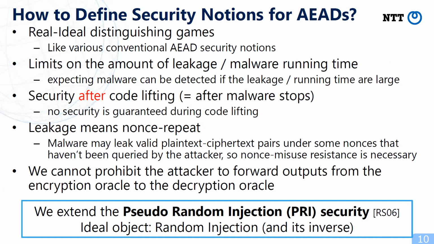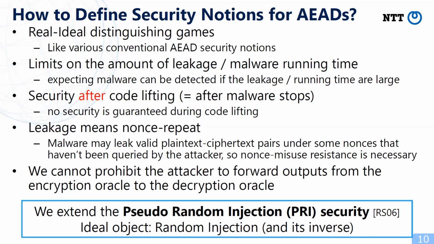And fourth, we noticed that leakage means nonce repeat, because malware may leak valid plaintext-ciphertext pairs under some nonces that haven't been queried by the attacker. So white box secure AEAD must be nonce misuse resistant in the black box model. And finally, we cannot prohibit the attacker from forwarding outputs from the encryption oracle to the decryption oracle.